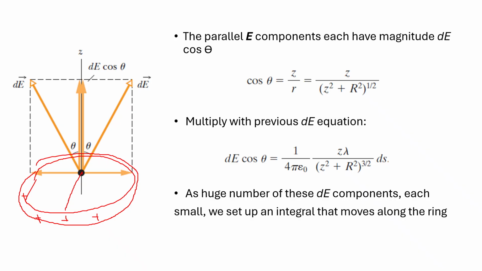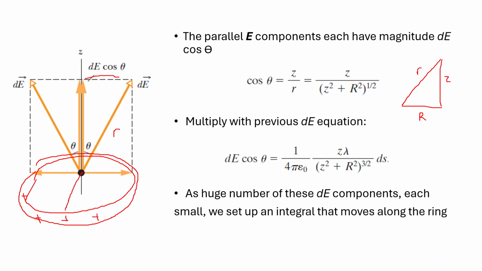Using the hypotenuse, cos theta equals Z over R. Let's say this is Z, here is capital R, and here is r.